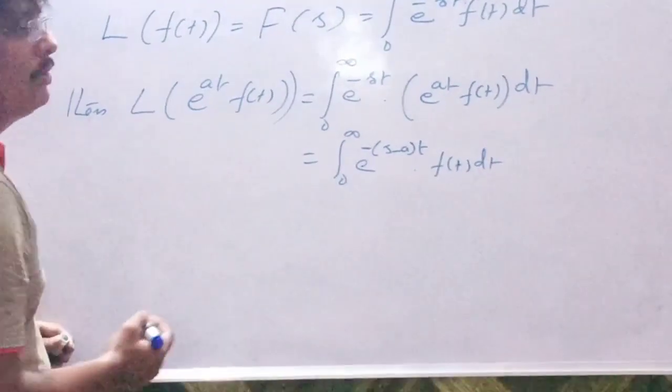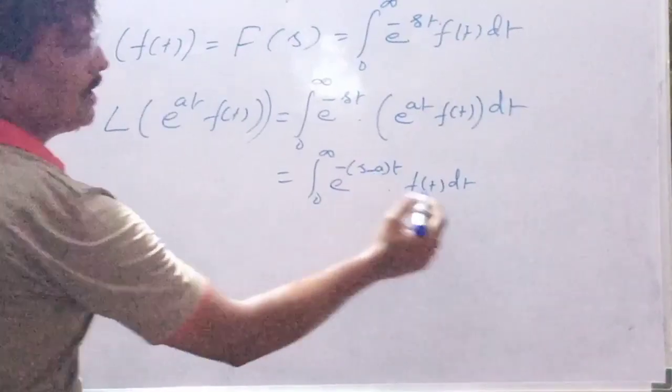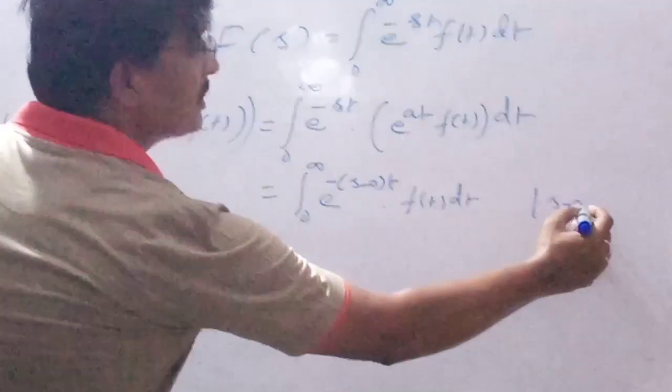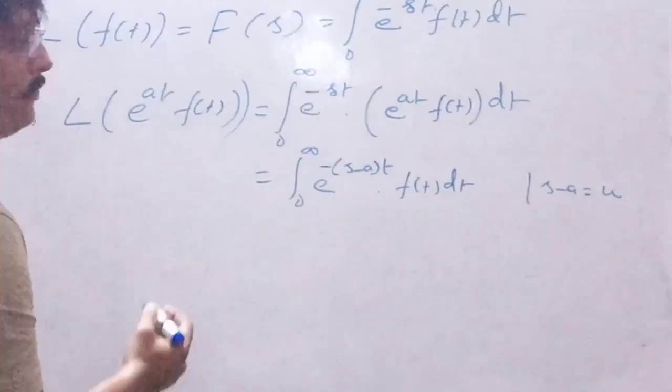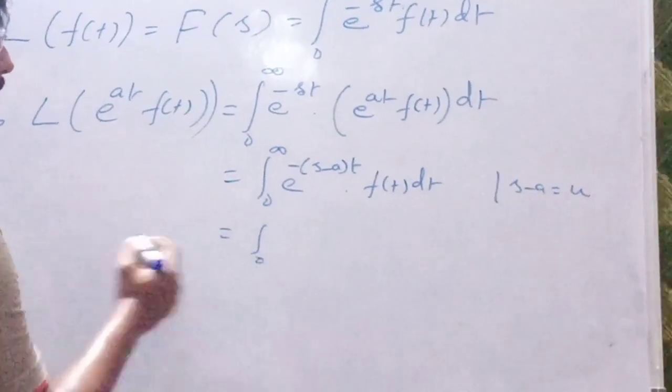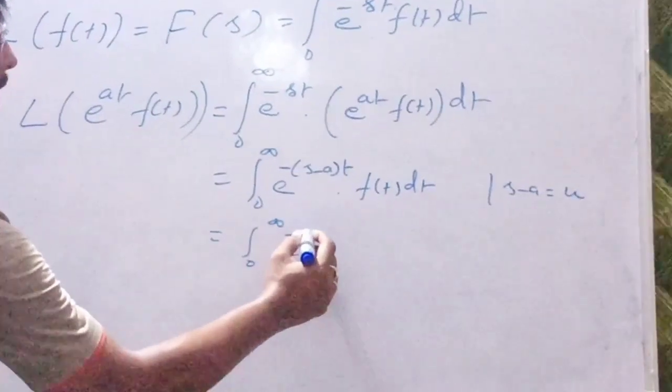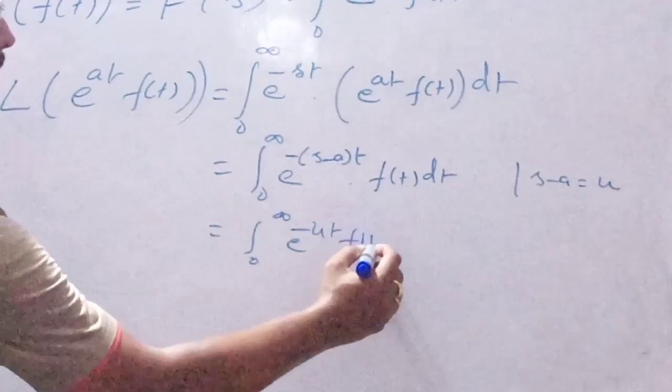Observe this is s minus a. Let s minus a equal u. So this is the integral from 0 to infinity of e to the power of minus ut f of t dt.